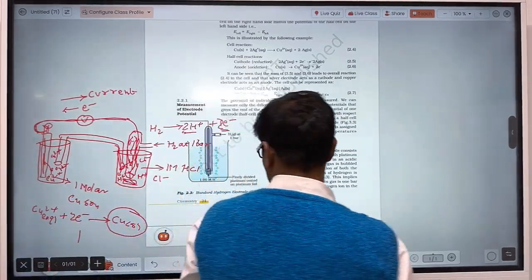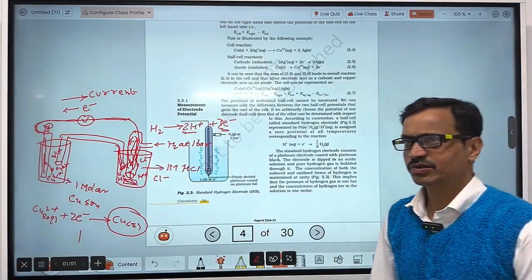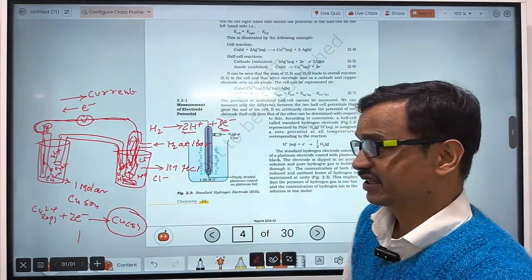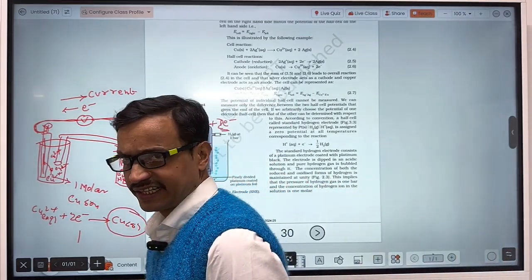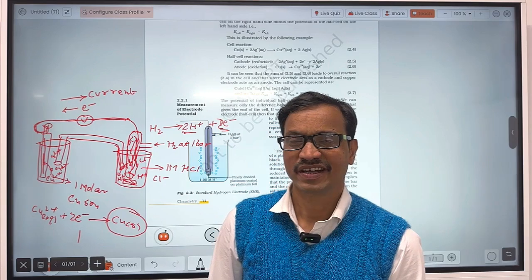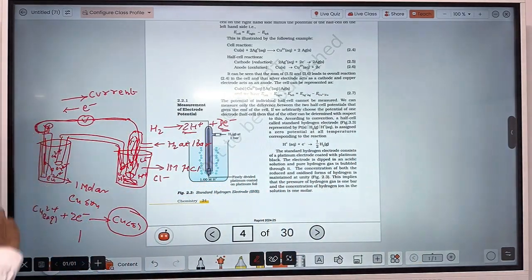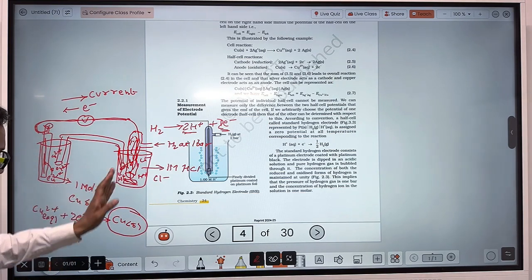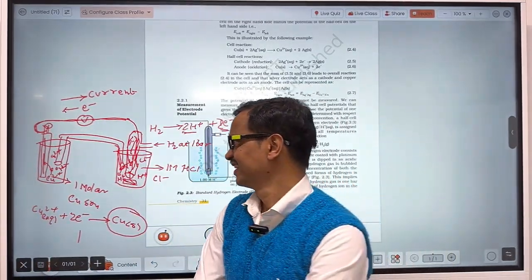The direction of current tells you whether the electrode is oxidized or reduced, and whether it acts as cathode or anode. Here copper is gaining electrons, so copper acts as the cathode and hydrogen acts as the anode.